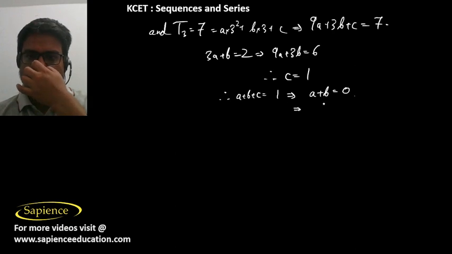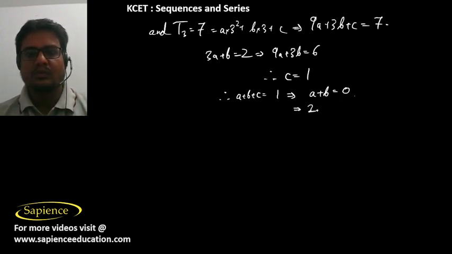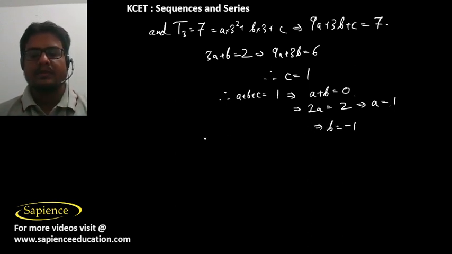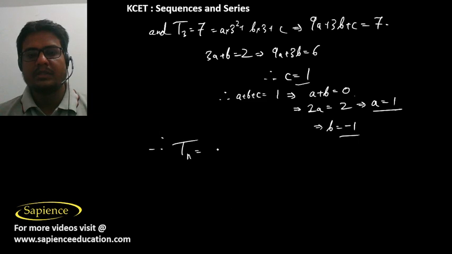Now if we subtract these two, then we get 2A equal to 2. So it means A is equal to 1, and B is equal to minus 1. So therefore A is 1, B is minus 1, C is 1. So therefore the nth term can be written as n square minus n plus 1.